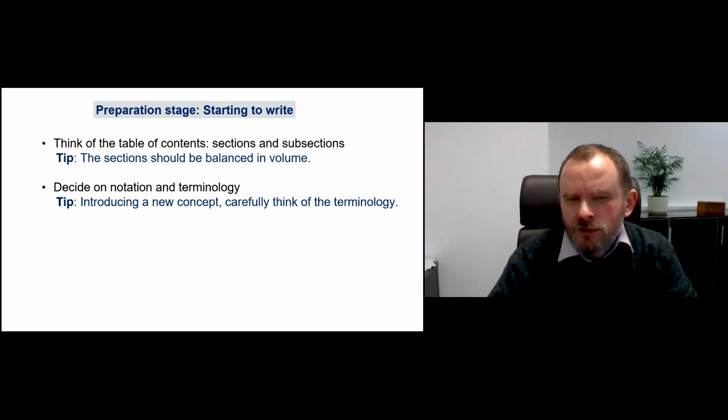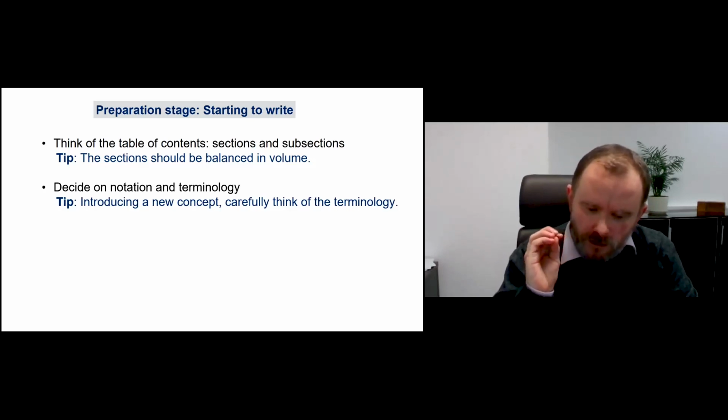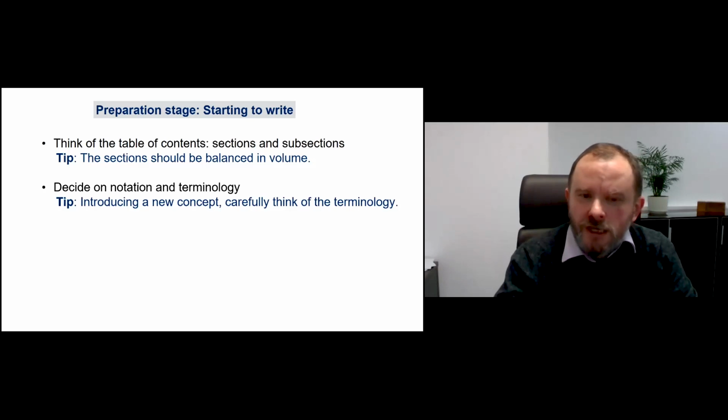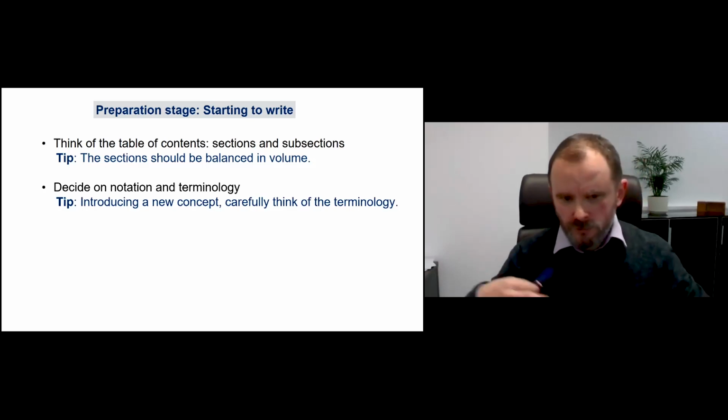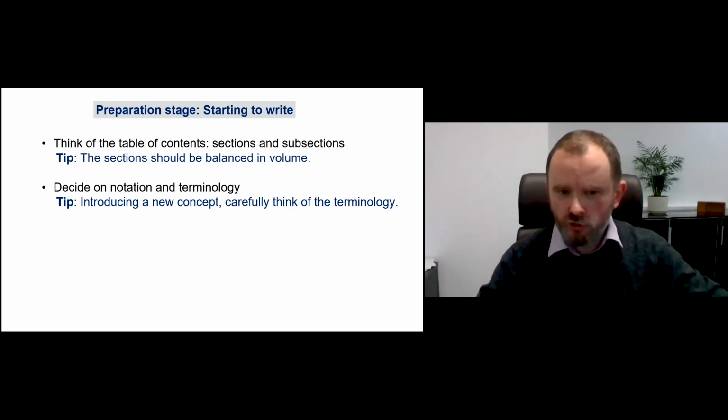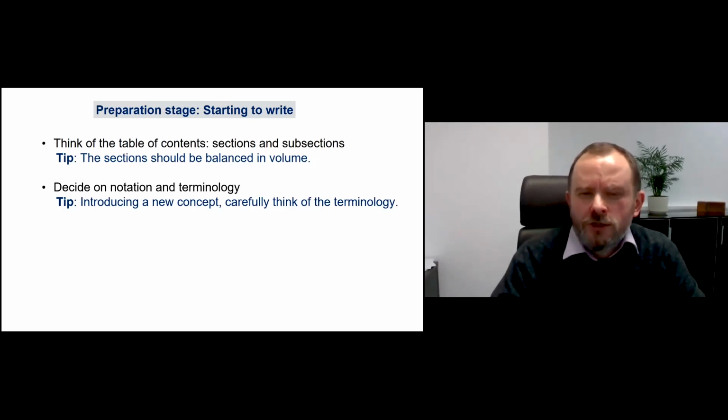It's nice when terminology refers to some existing, I don't know, animal or something in biology or chemistry. This is certainly good, but also don't try to be too emotional in your terminology choice.